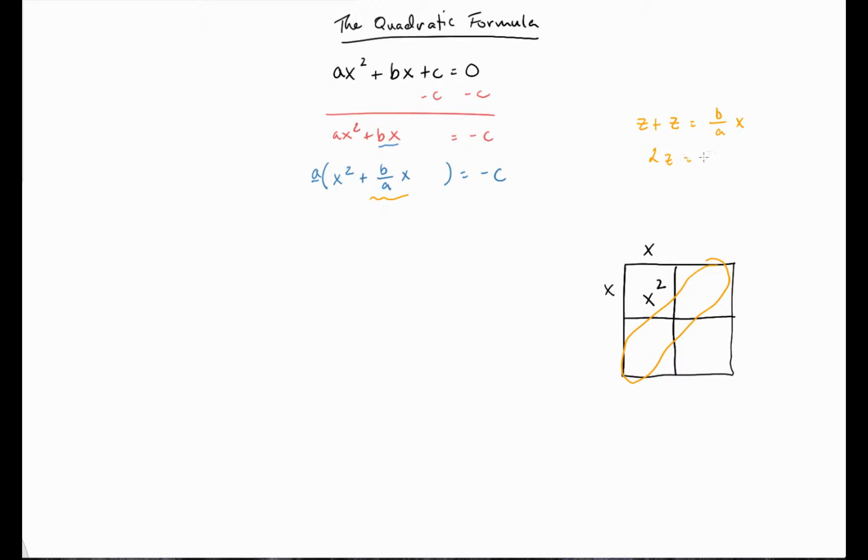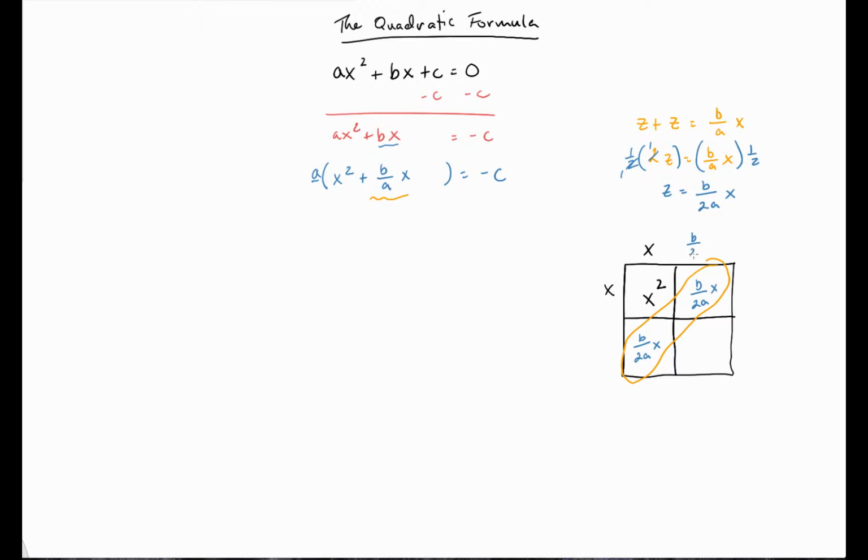So I know I'm going to have b over 2a here, x here, and b over 2a x here. Well, that should hopefully allow me to find the other values.